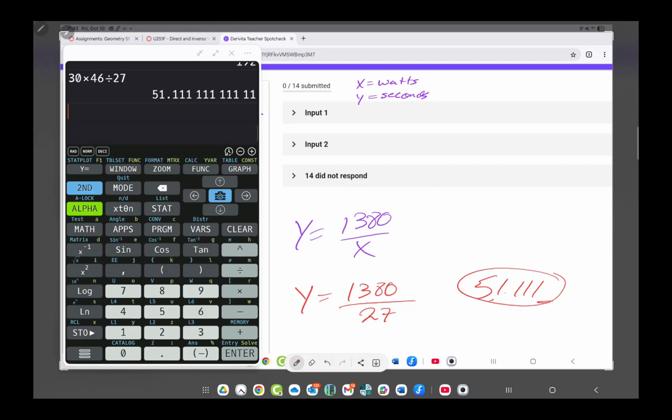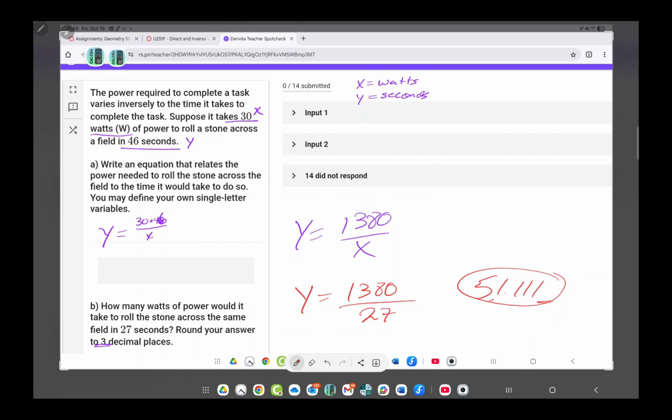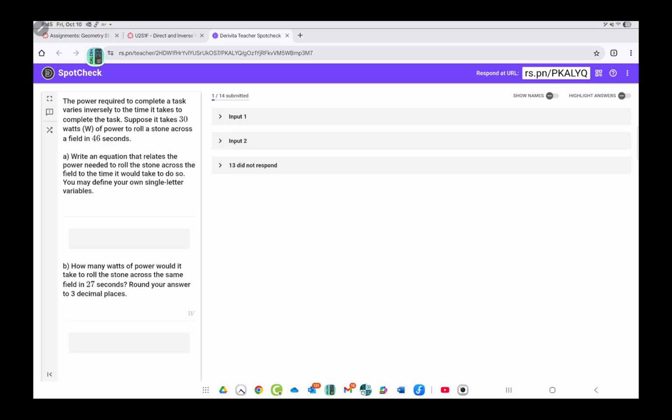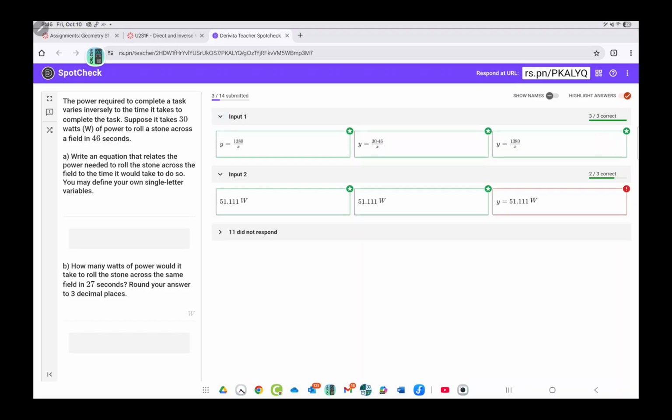So 51.111. Oh, you put y equals, yeah, don't put y equals.